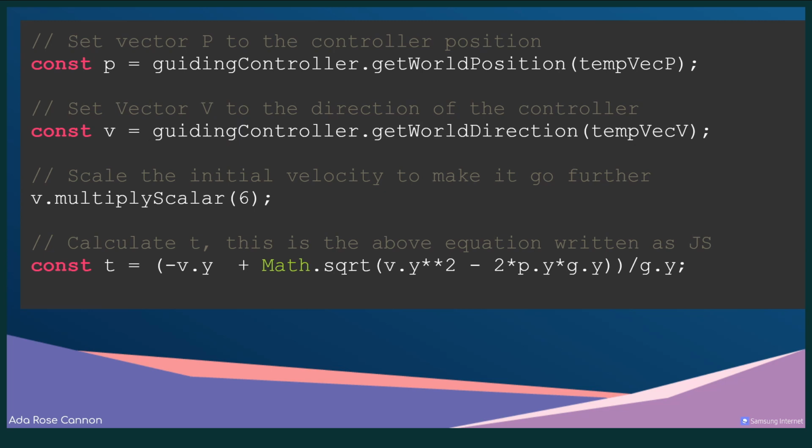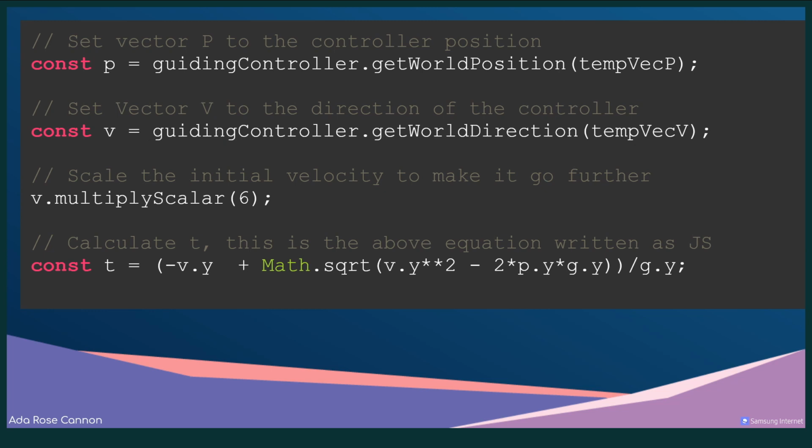So our starting velocity, we can get from the direction the controller is pointing, which we can work out from THREE.js. This is a unit vector, so it's effectively 1 meter per second, which isn't very fast. So I'm going to multiply it by 6 to make it go a bit further. We've got the controller position.